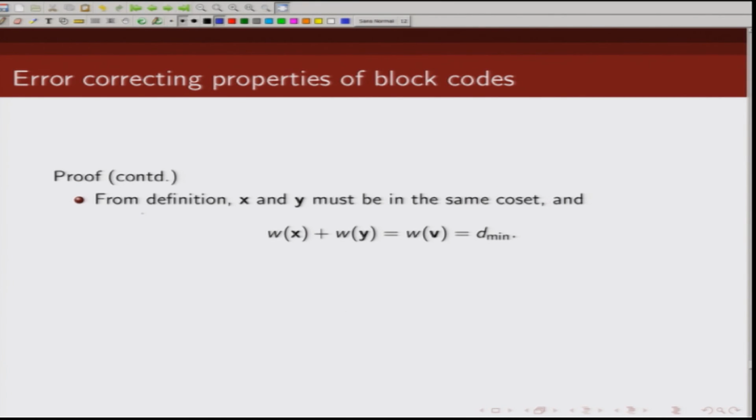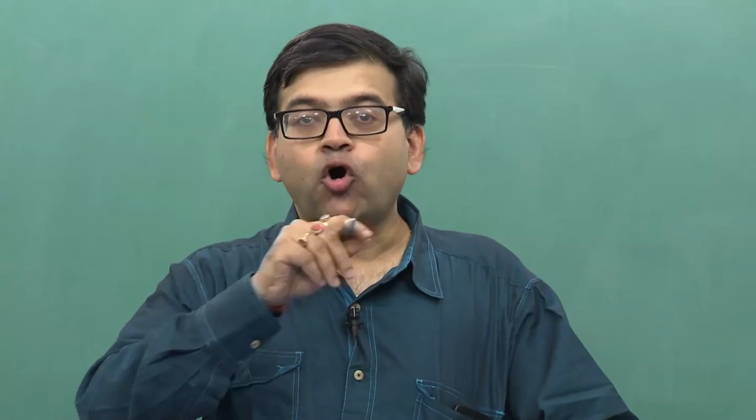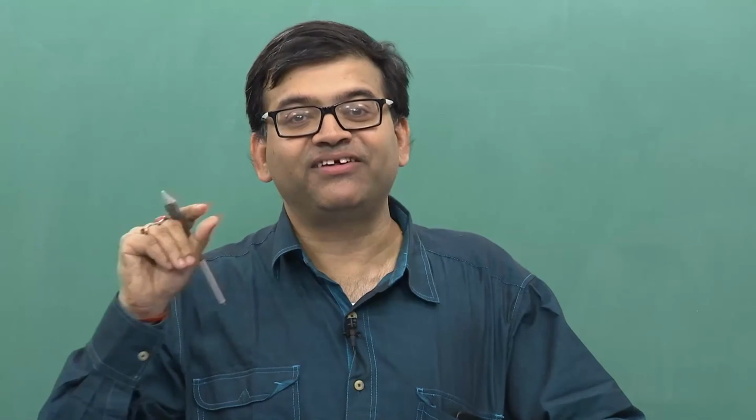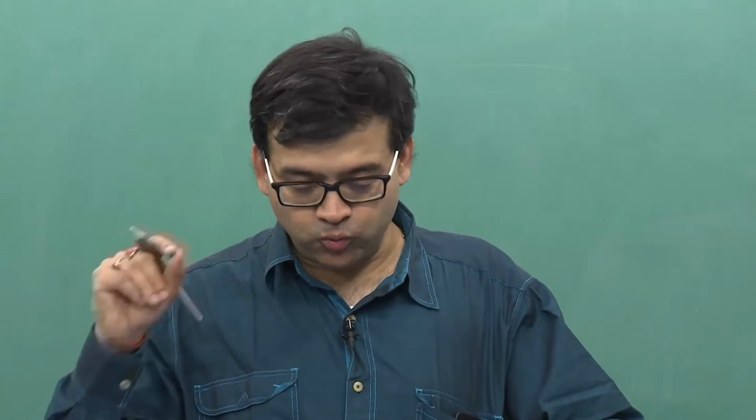So, that is what I said: from the definition x and y must be in the same coset, because x plus y is V, which is a valid code word, and we know that if we add any two elements in a coset, their sum is a valid code word.